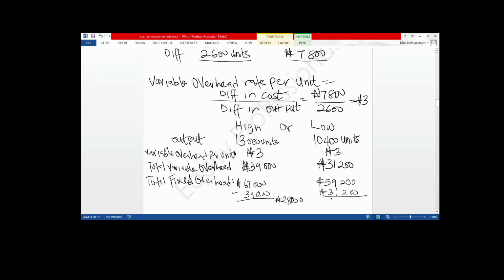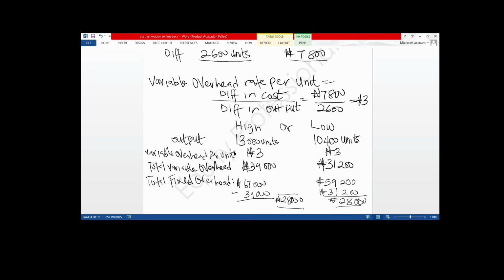That will also give you 28,000. You see now, whether at the highest level or at the lowest level, the total fixed cost will remain the same. Can you see it?